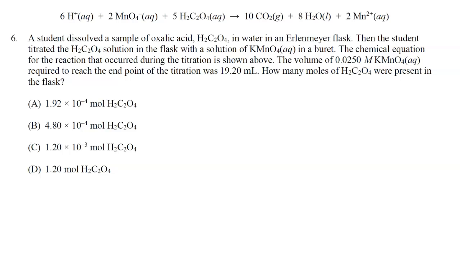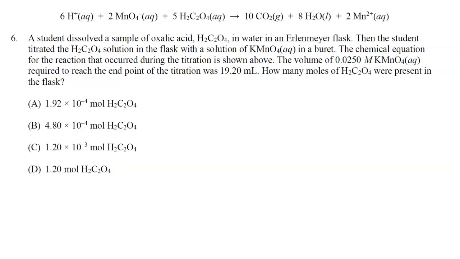The chemical equation for the reaction that occurred during the titration is shown above. The volume of 0.0250 molar aqueous potassium permanganate required to reach the end point of the titration was 19.20 milliliters. How many moles of oxalic acid were present in the flask?